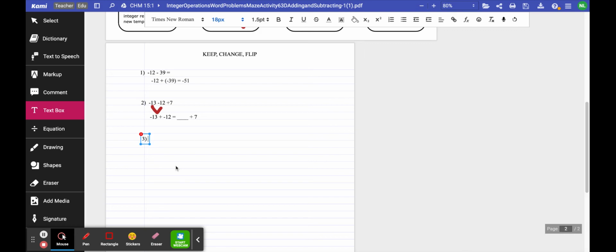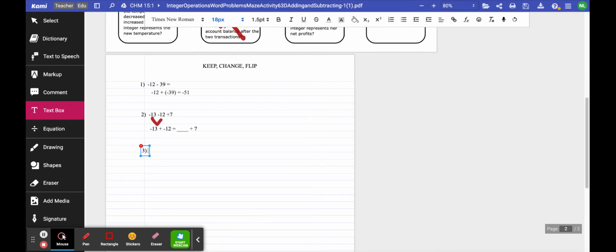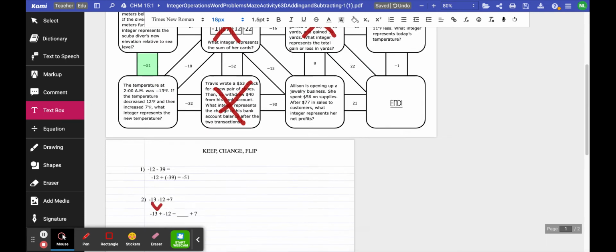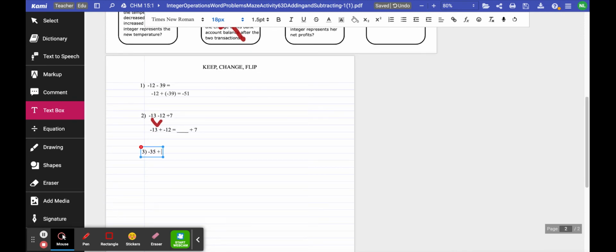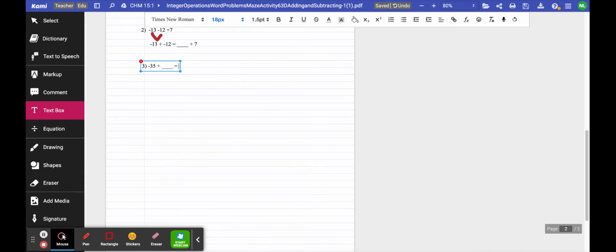For number 3, it looks like we're starting with negative 35, and she deposits. So we don't know the number she's depositing, so I'm leaving it blank. And we know at the end, she ends up with a positive balance of 127. So we have to figure out the difference between these 2 numbers.